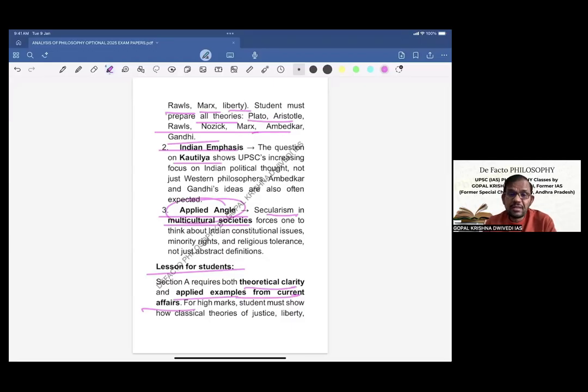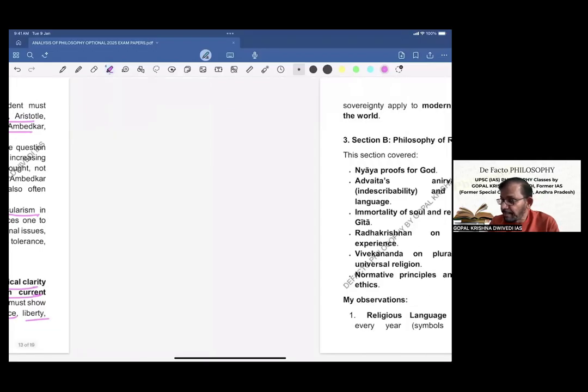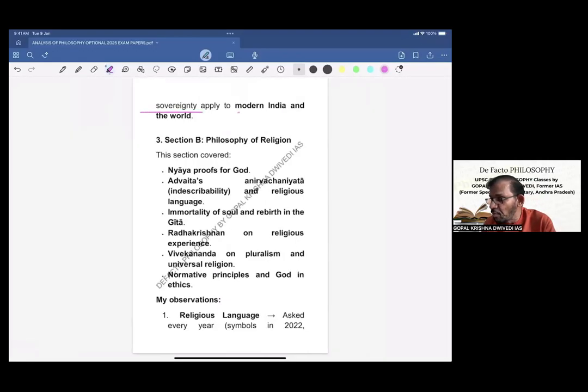For high marks, students must show how classical theories of justice, liberty, sovereignty apply to modern India and the modern world. So on the one hand it is critical and analytical, it is also applied and integrated with current affairs. All these are there as far as section A is concerned.